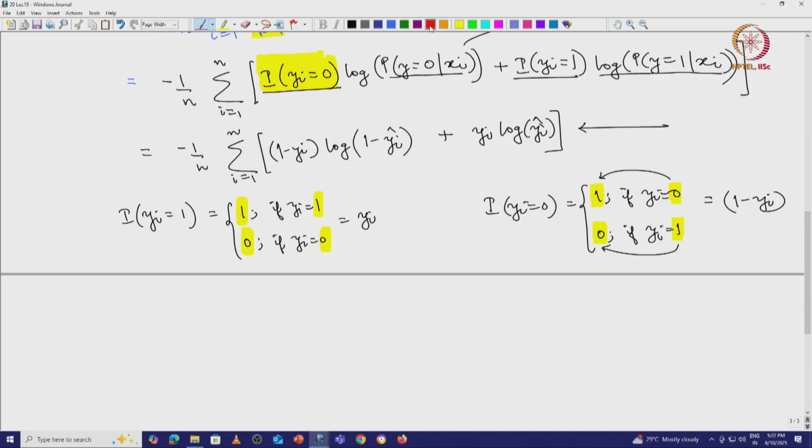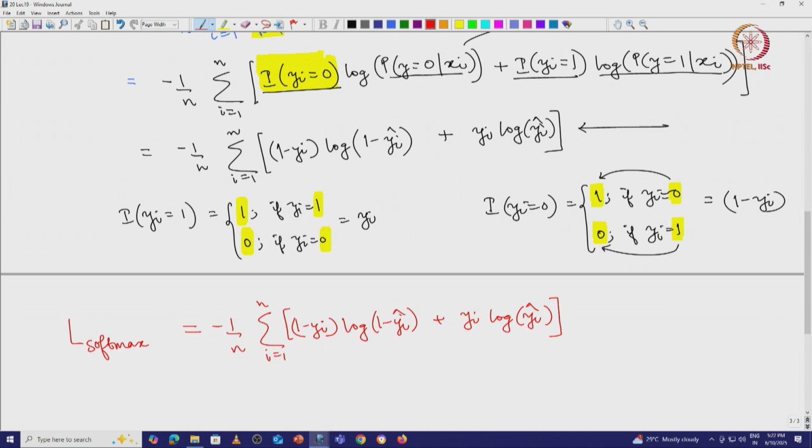So L softmax when you have only two classes reduces to minus 1 over n, sum i going from 1 to n, of (1 minus yi) log(1 minus yi hat) plus yi log yi hat. Okay. This is exactly the same as the log loss function. So this is for two classes.